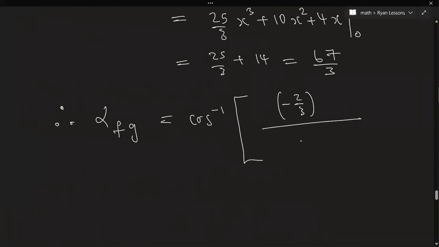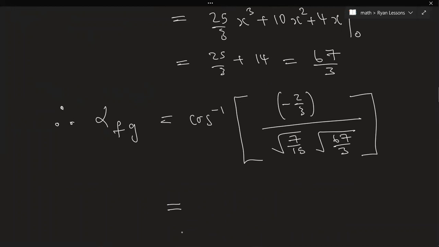Then at the bottom, we have the norms. The norm of f we found was root 7/15, and the norm of g is root 67/3. So we just have to simplify that, and what do we get? You can punch it in on your side too, so that we know for sure that what we are doing is the right thing.